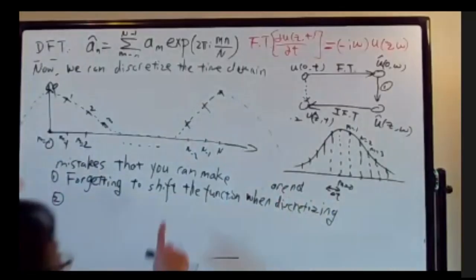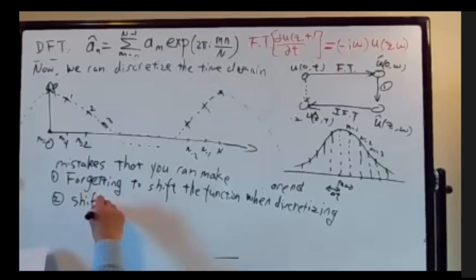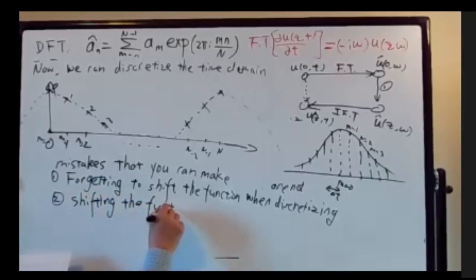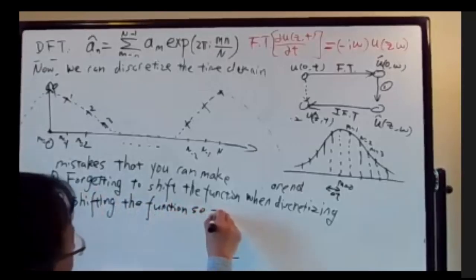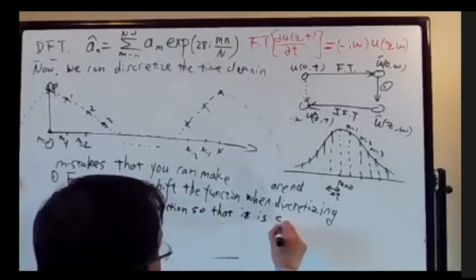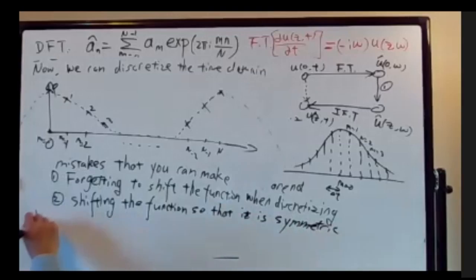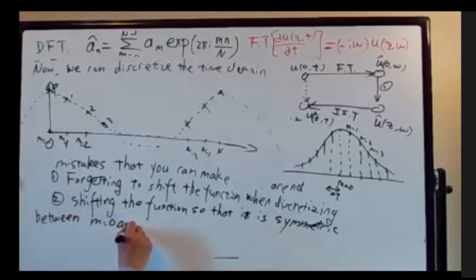So if you forget to shift, you need to shift the function so that it is symmetric between M equal to 0 and M equal to N minus 1, right?